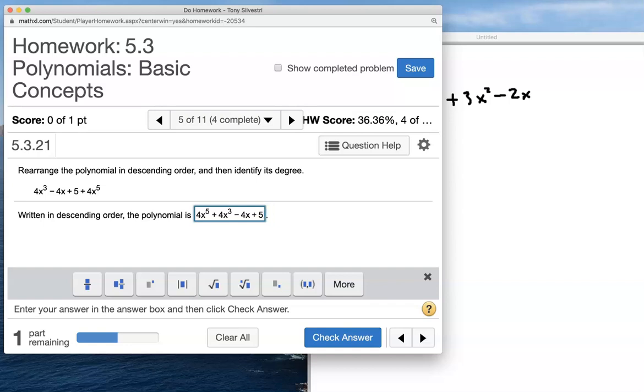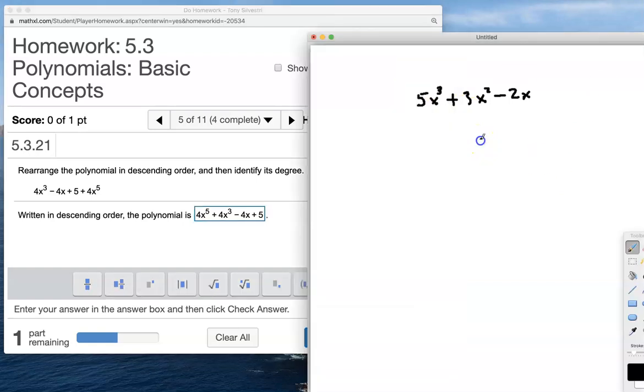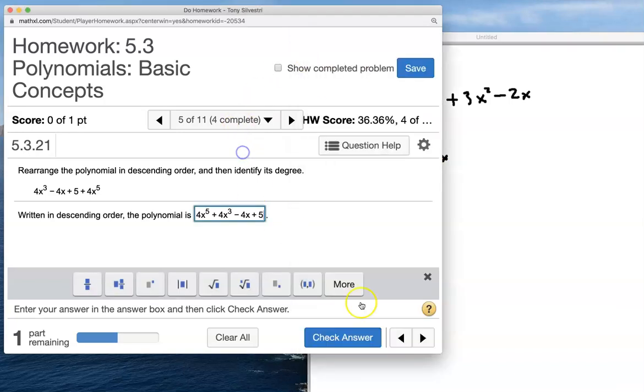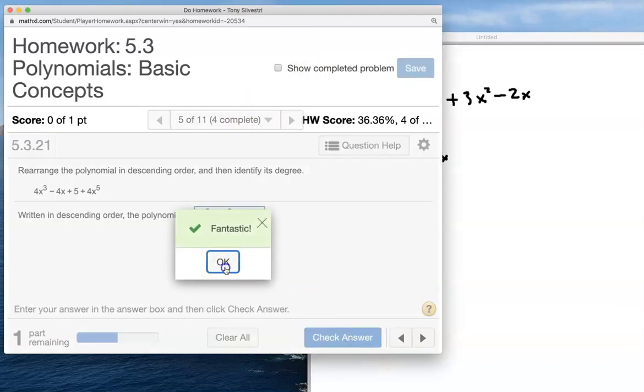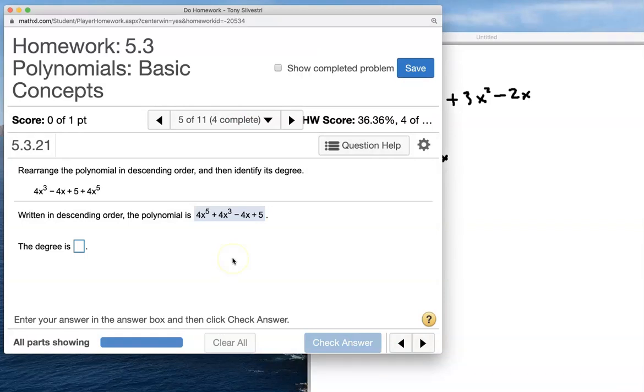But I wanted to show you that it does follow the definition: you have a number, a variable raised to a power, and that power has to be 0 or a positive number. Okay, so that's done. Let's check my answer. Looks like it's right. Now, over halfway done now.